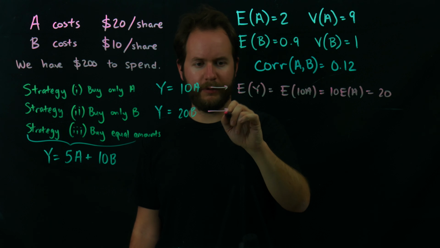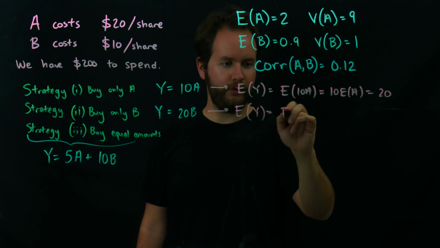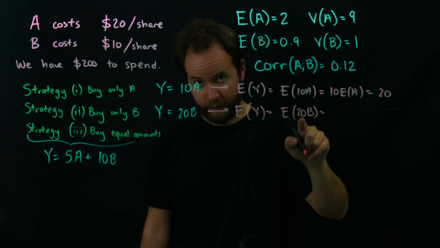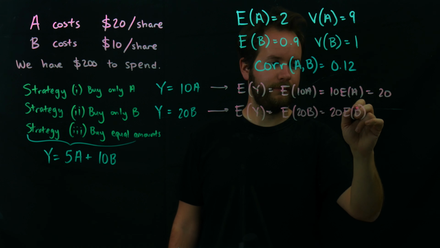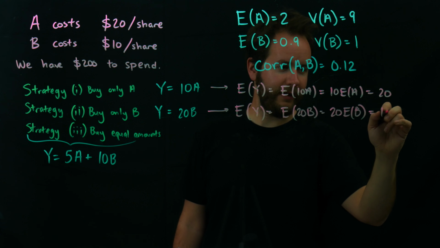Let's go forth and compute the expected value for strategy 2. The expected yield of both sides, 20B. Again, the 20 can come out in front like this. We know the expected yield for B is 0.9. 20 times 0.9 is 18.